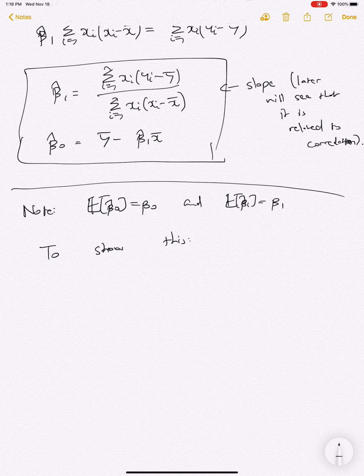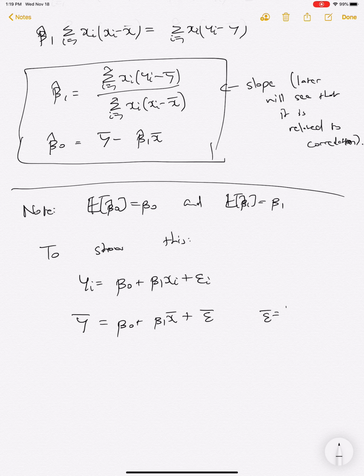To show this, we know that yi is equal to beta 0 plus beta 1 xi plus epsilon i. And then obviously y bar is equal to beta 0 plus beta 1 x bar plus epsilon bar.